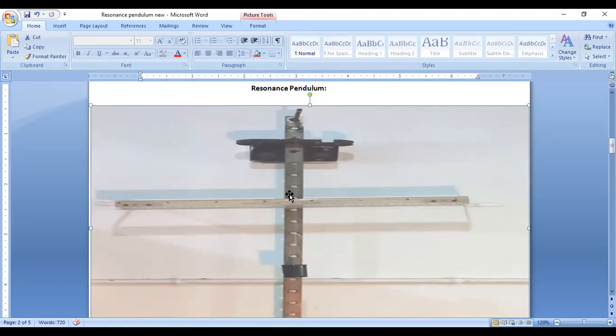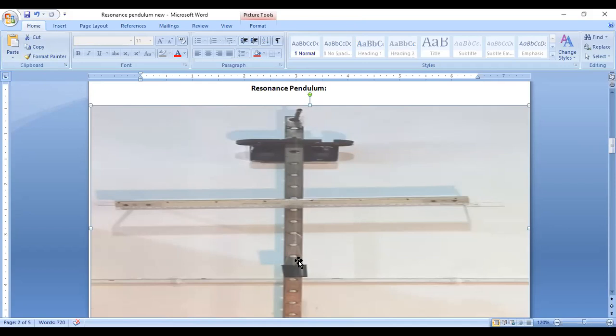You can change the length of the pendulum because the length of the string is variable. You can wind the thread on this axis, and you can change the length of the string. So the length of the simple pendulum is variable.